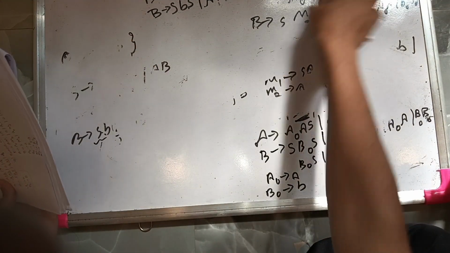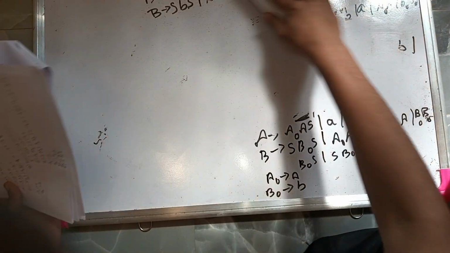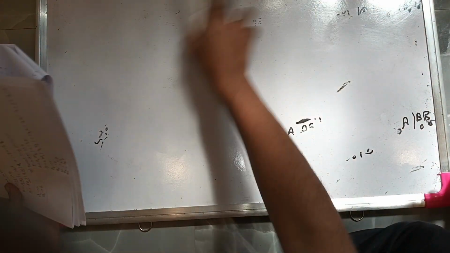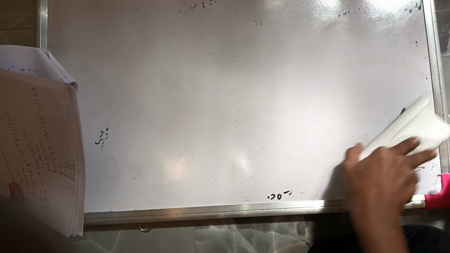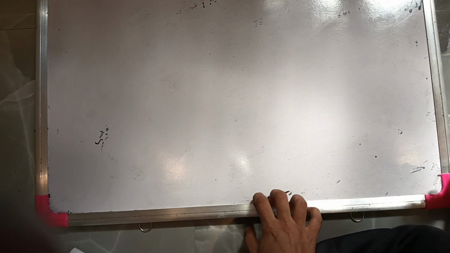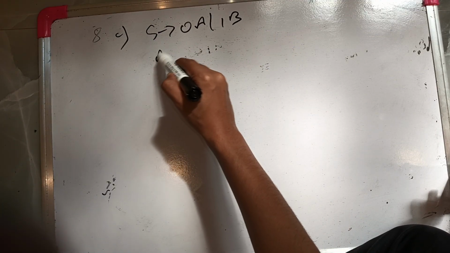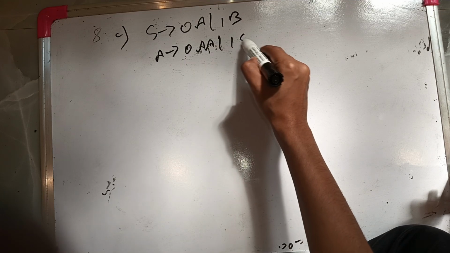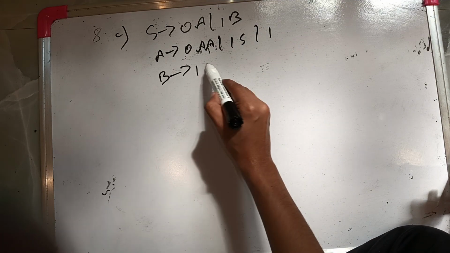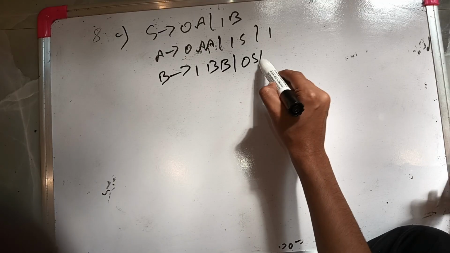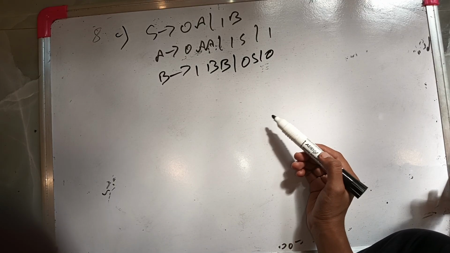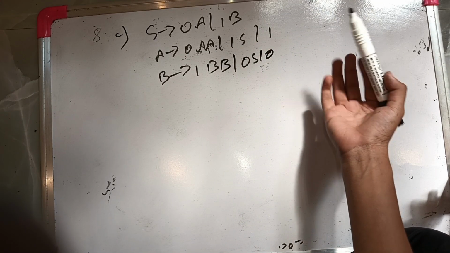8C is also same, to convert into CNF. So yeah, S gives 0A 1B and A gives 0AA 1S 0, B gives 1BB 0S 1. In the first step remove epsilon production but no epsilon there, leave it.